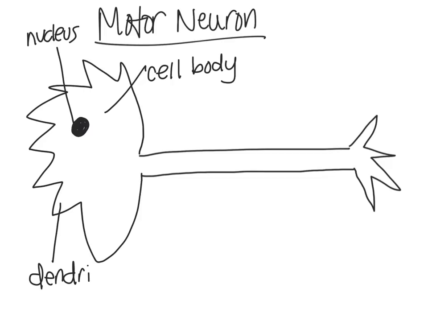Dendrites are going to receive a nervous impulse from another nerve and kind of collect it. So these are collecting little bodies here. Then we have this long, skinny portion of the nerve, and this is called the axon. And the axon ends in these little finger-like projections called axon terminals.